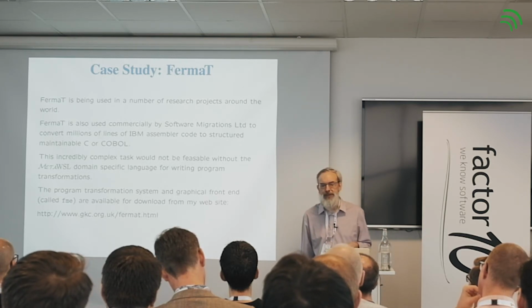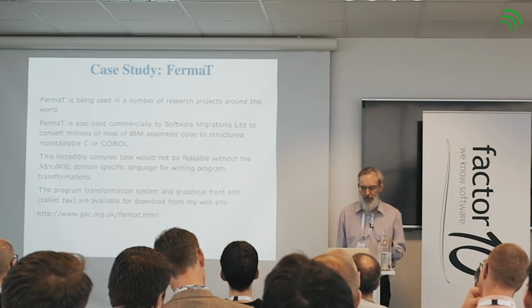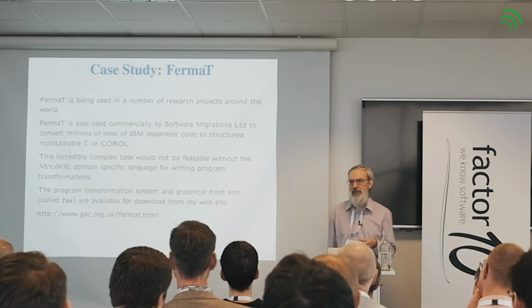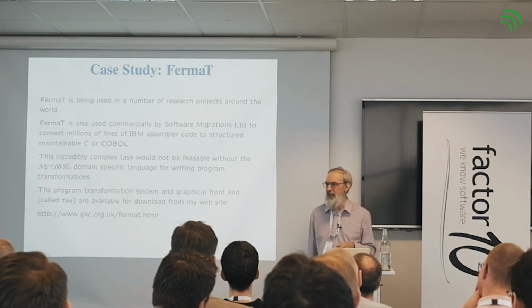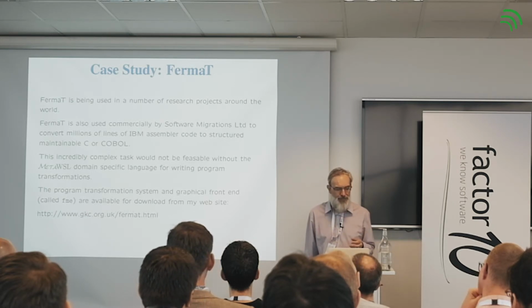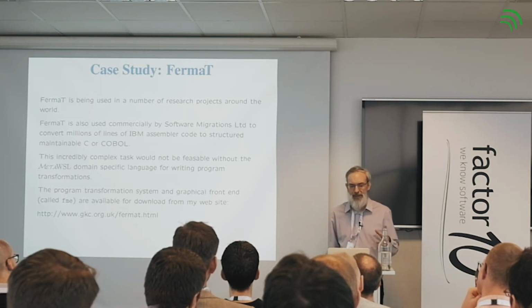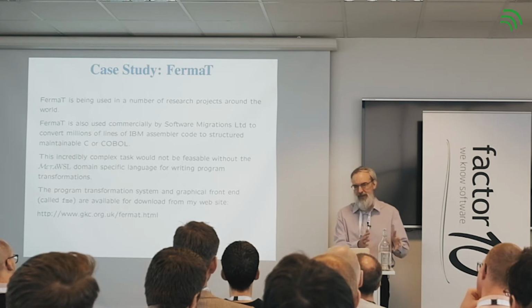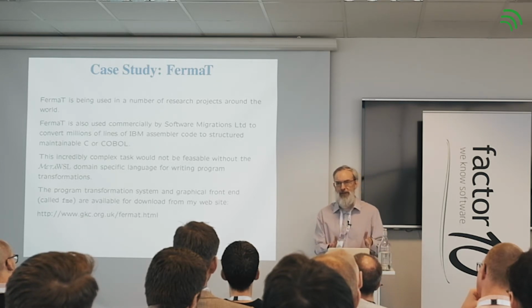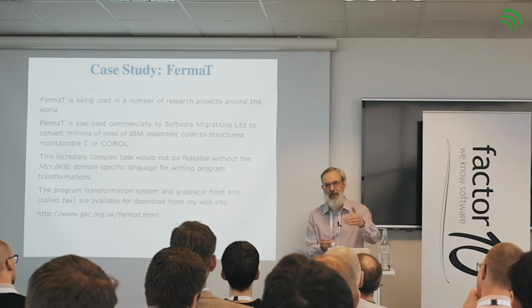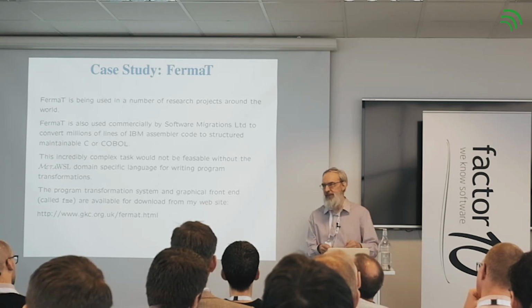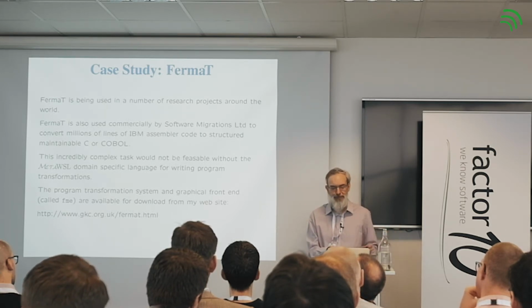And what we do is take assembler code on IBM mainframes that's been written by assembler programmers over many decades. And we take that assembler code, we translate it with a translator directly into very low-level WSL code. This is really low-level stuff that captures every detail of that assembler program.